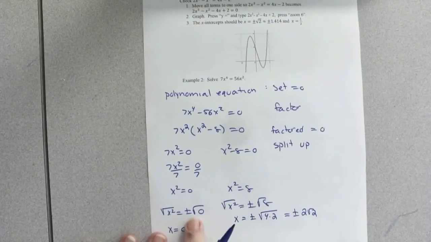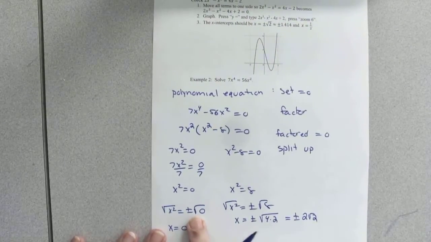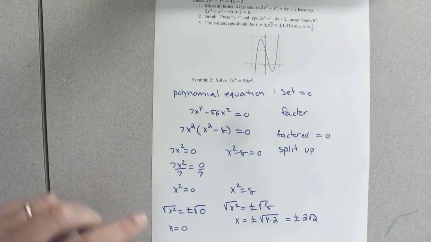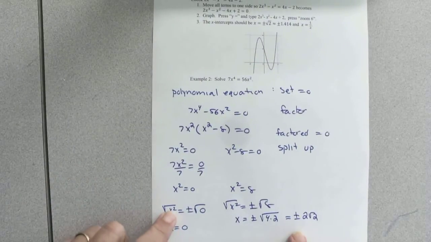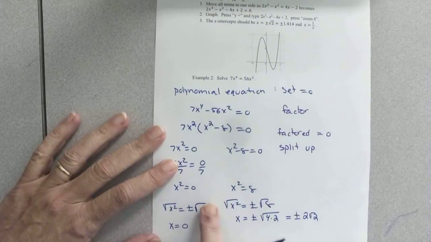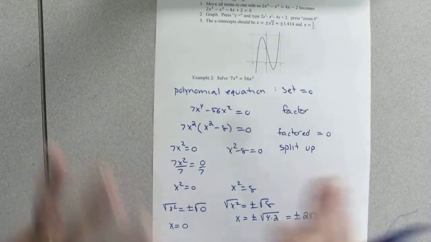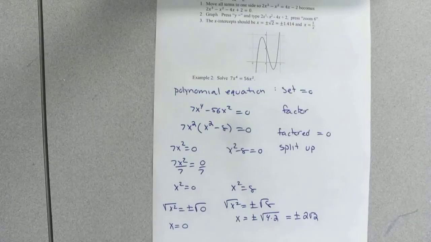So really, I shouldn't have put the plus or minus there. But I would much rather have you put the plus or minus on the 0 and remember to use it every single time you need it than to remember, oh, I don't need it here, and forget it someplace else. When in doubt, take the square root of both sides, plus or minus.